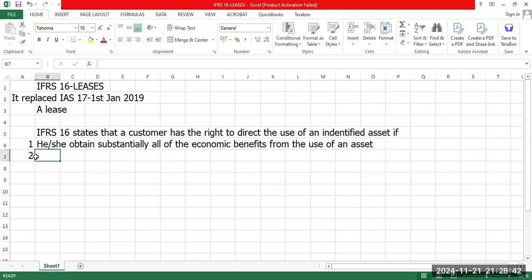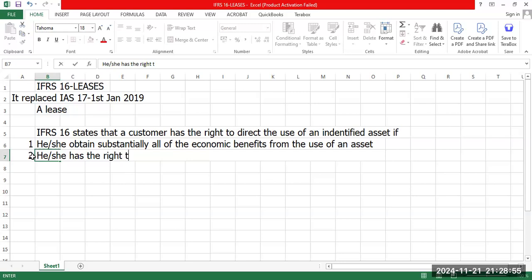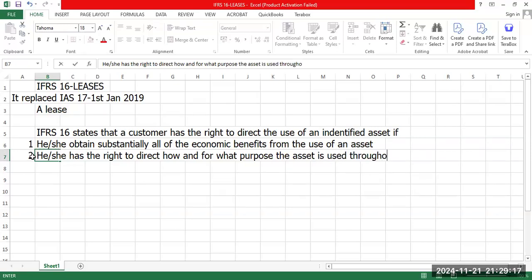Then number two, the customer has the right to direct how and for what purpose the asset is used throughout the lease term.